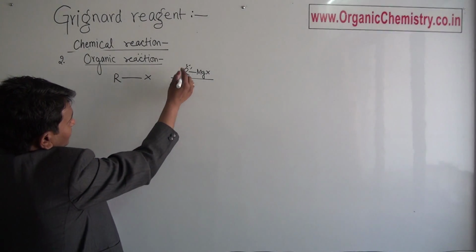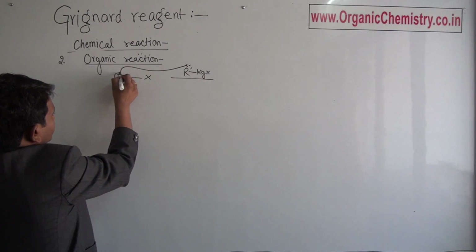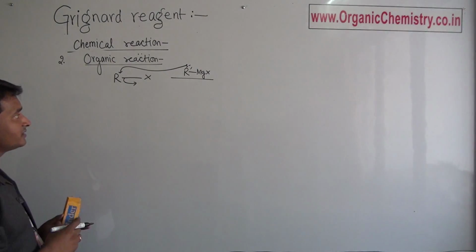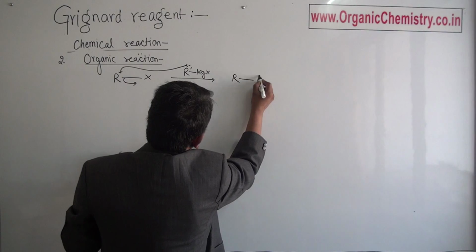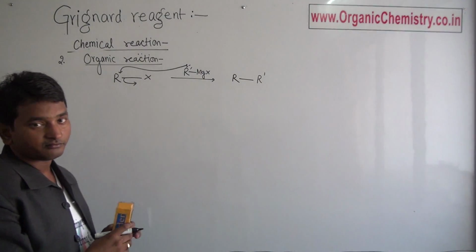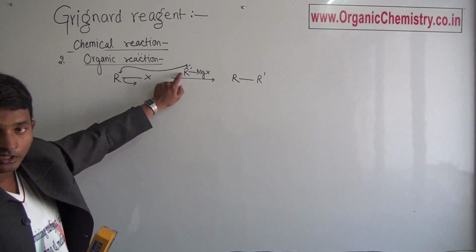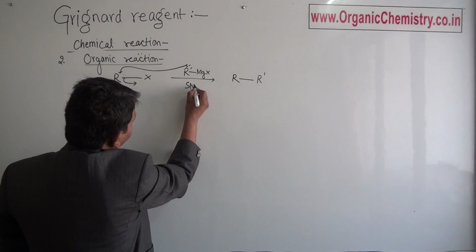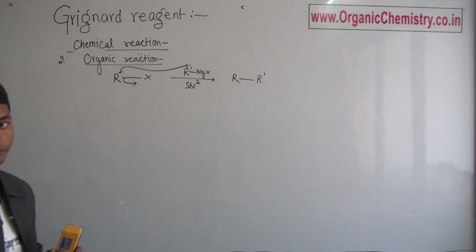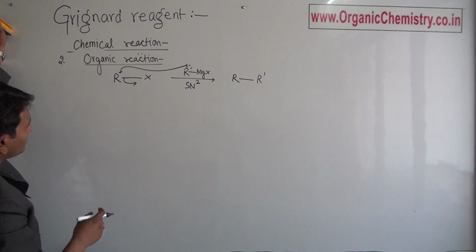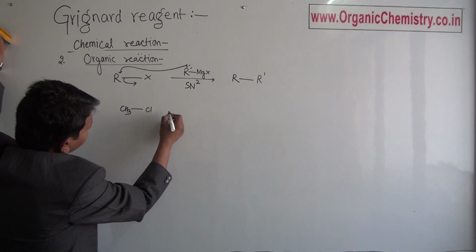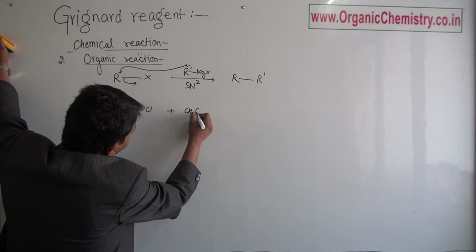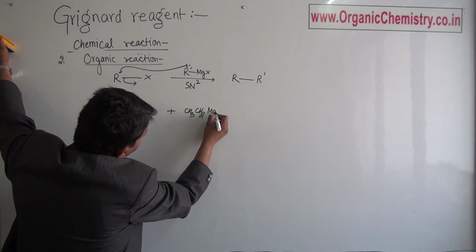This is a good nucleophile, can attack over this carbon and release this halogen as a leaving group, and the final product will be R-R'. As it is a good nucleophile, the nature of the reaction will be SN2. A question may be asked like this: CH3Cl, CH3CH2MgBr.